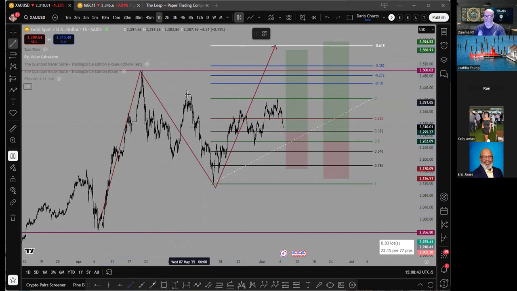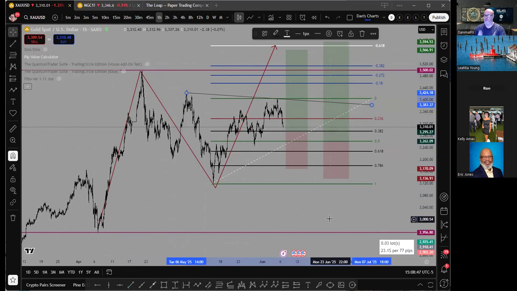However, we could have a challenge right at about here. Price has to at least get above that, above the 0, for us to continue to go higher. That's what I was talking about, that breakout strategy I was looking at a couple of days ago, where I set a buy limit at 236 to take it up the extensions.